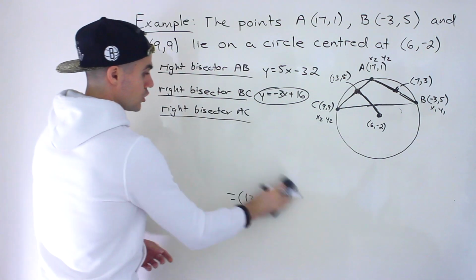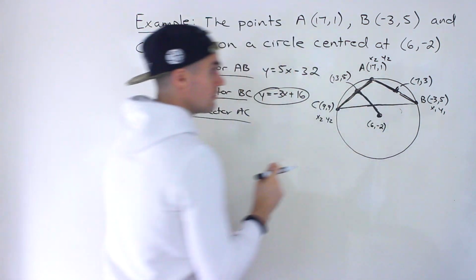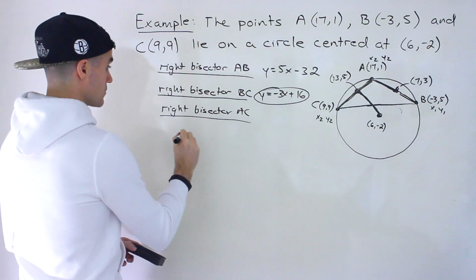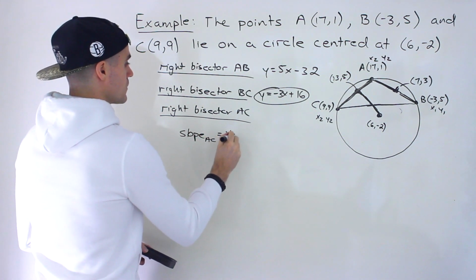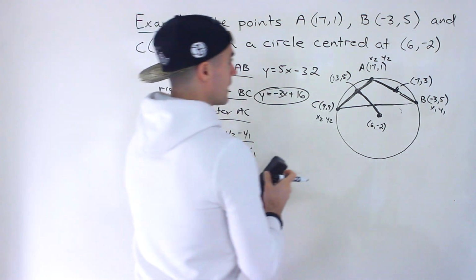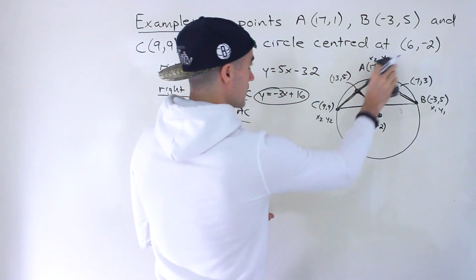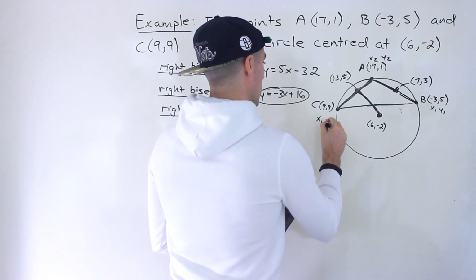Now let's find the slope of the chord, of this chord AC over here, and then we'll get the perpendicular slope. So the slope of AC equals y2 minus y1 over x2 minus x1. So got x2, y2 over here. I'll label this as x1, y1.